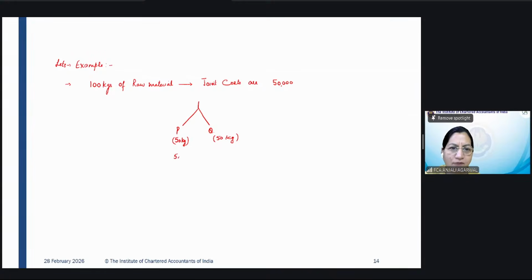So we have 5 units of P and one unit of Q is 5 kgs. So we have 10 units of Q.